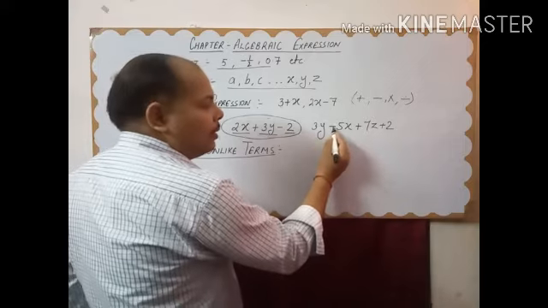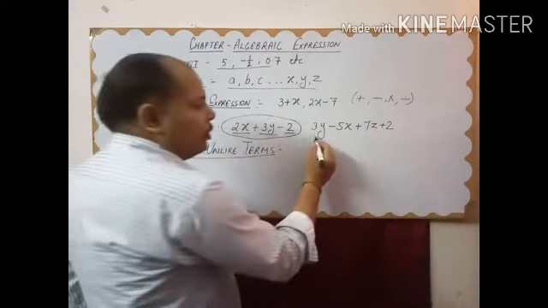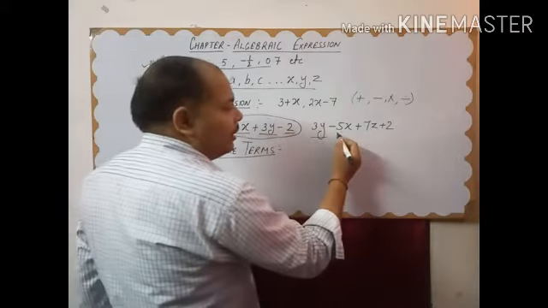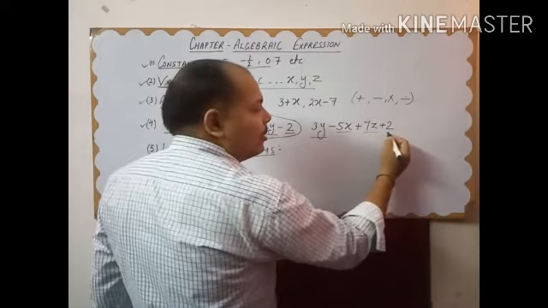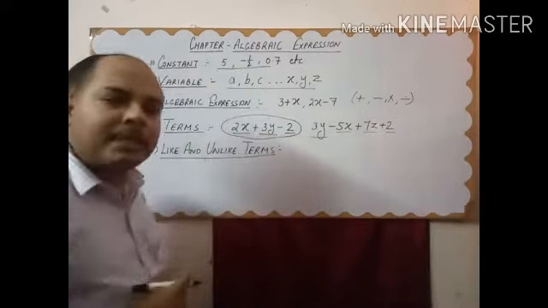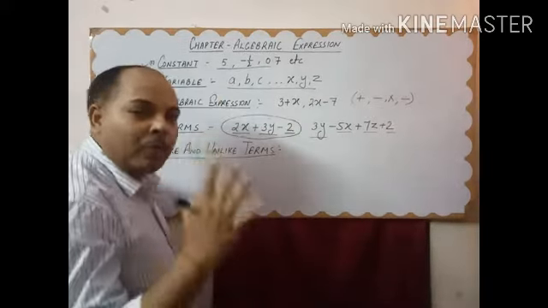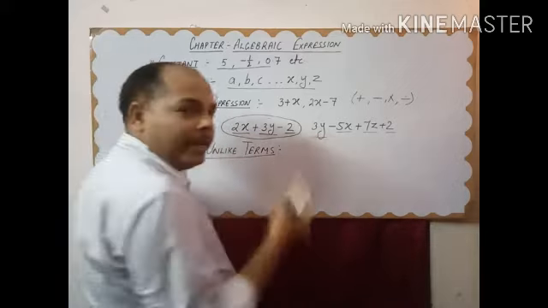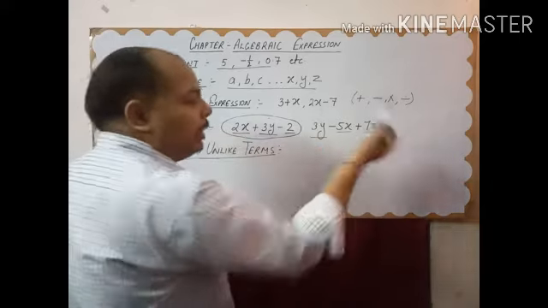See here, this is the subtraction sign, this is addition, and this is addition. So this part is separated by this subtraction sign, this part is also separated, and this also. So how many parts are there? 1, 2, 3, 4. It means there are 4 terms.